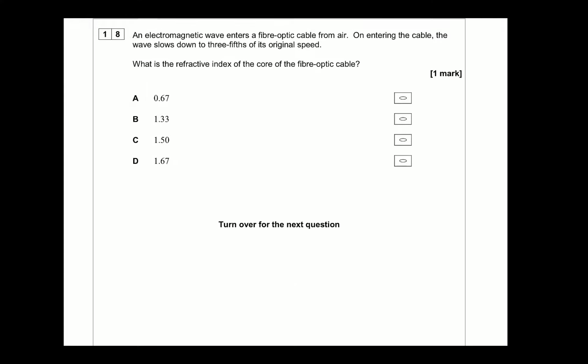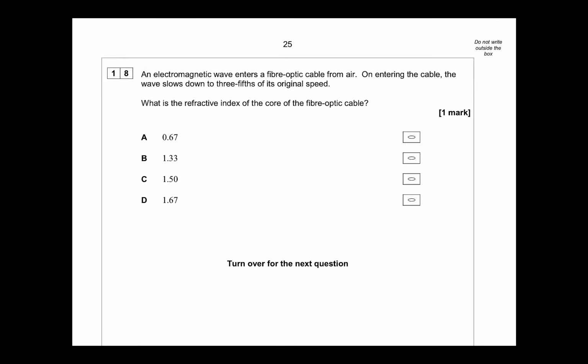Okay, question 18. So it slows down to 3/5 of the original speed.